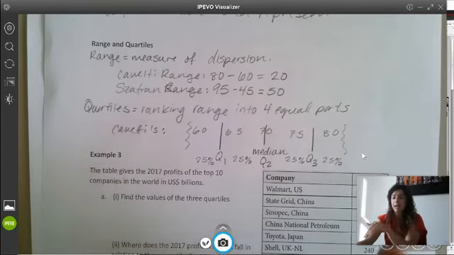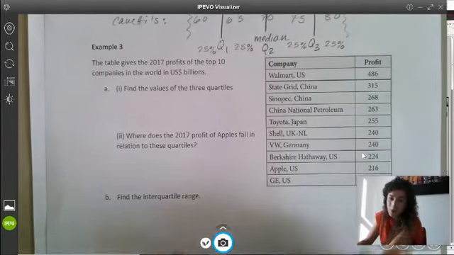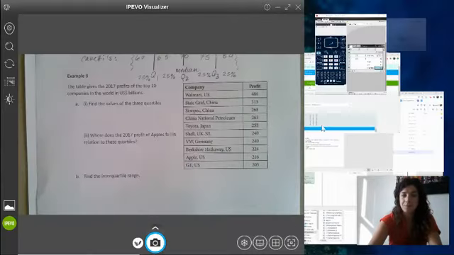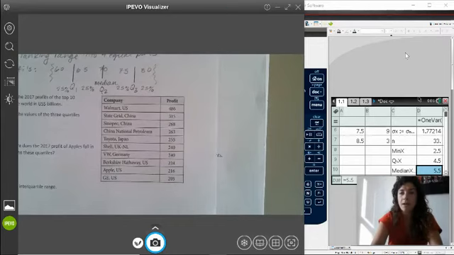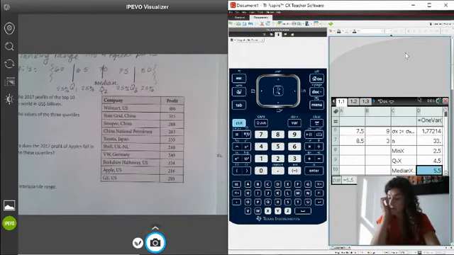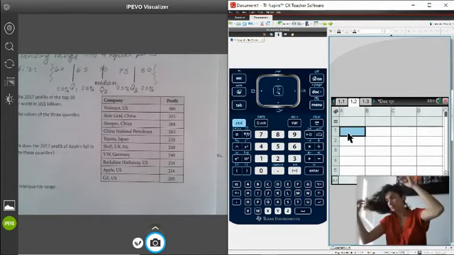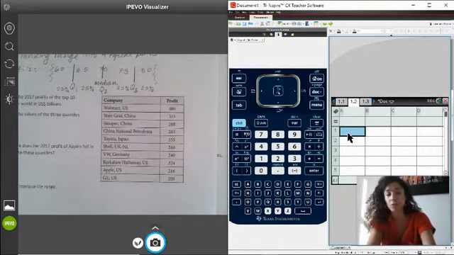All right, let's practice it. The nice thing is that your calculator does it all for you. So let's go back to the calculator. We are going to plug all of this data in. We're talking about profits of top 10 companies in the world in US billions. I'm going to go to a blank one here. It is not ordered. Oh, sorry, it is ordered. Never mind. It doesn't matter if it's ordered.